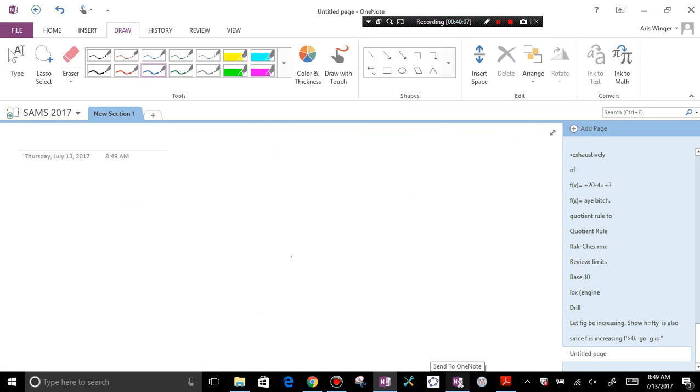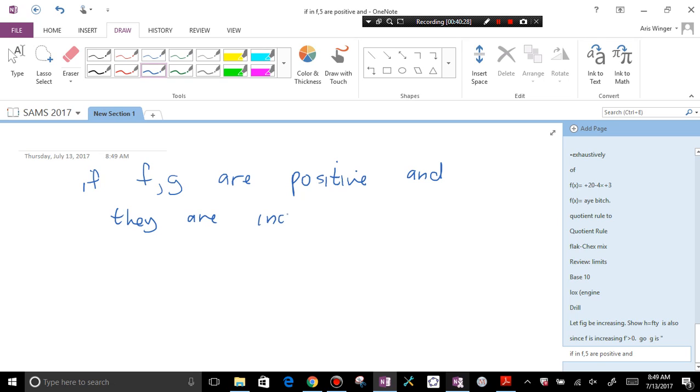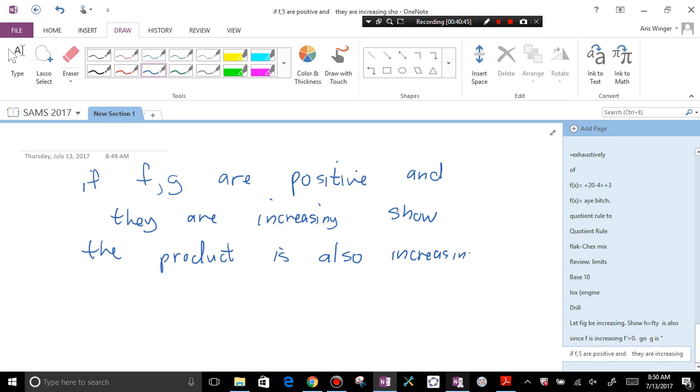These aren't easy to come up with, but I think I got one. If F and G are positive, the functions themselves are positive and they are increasing, show the product is also increasing. So this is similar.